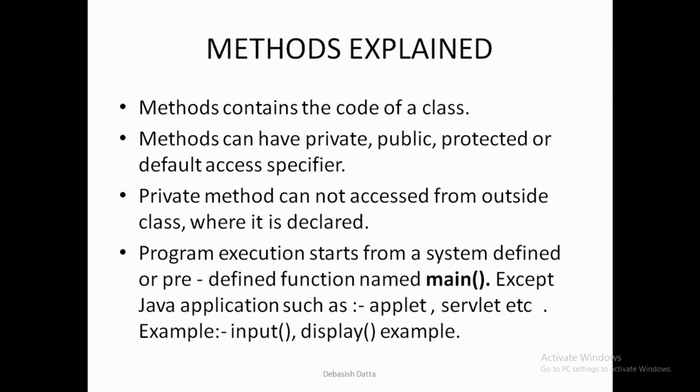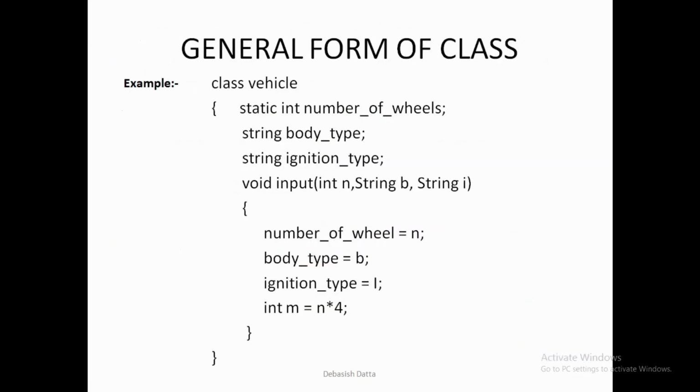Okay, now we'll concentrate on the methods. Methods contain the code of a class. As you can see from the example which we gave, namely the vehicle class, apart from declaring the member variables, whatever we write inside a class should be inside a method.